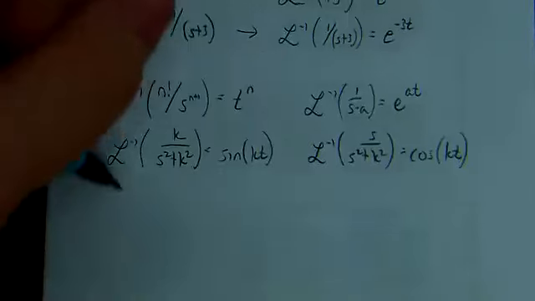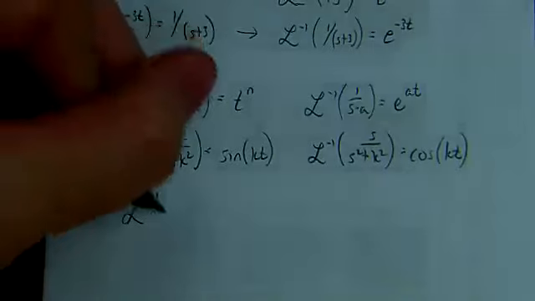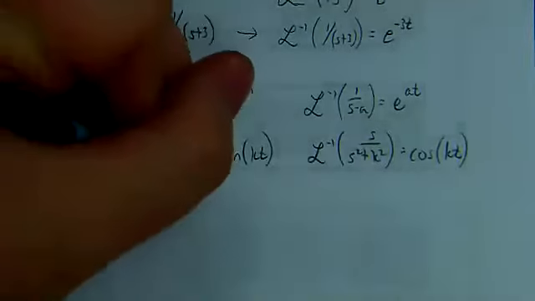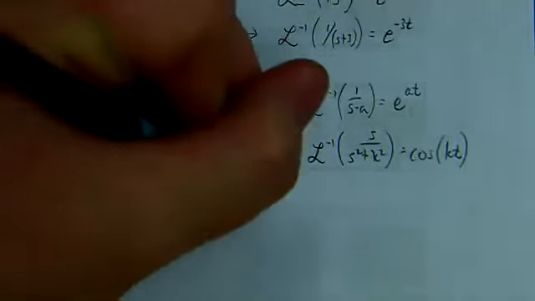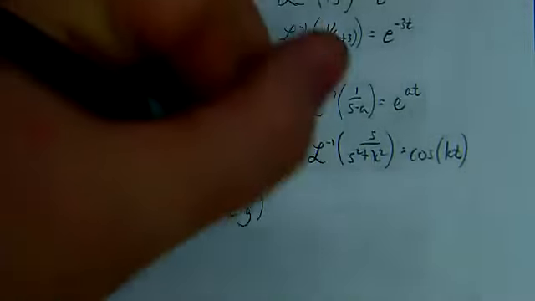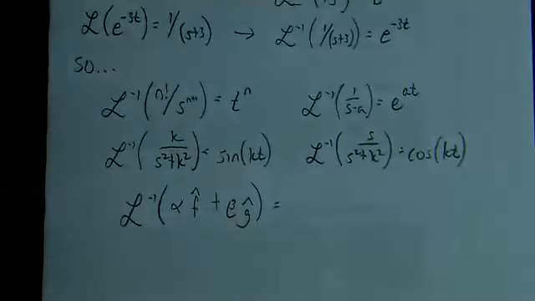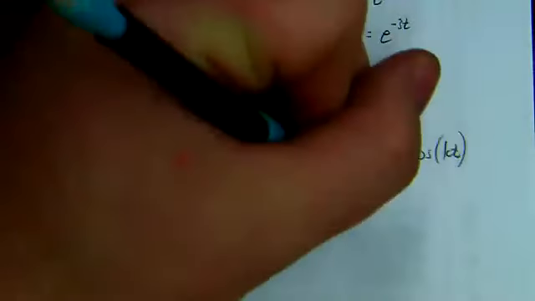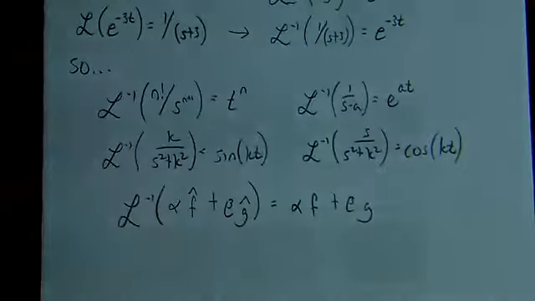And it's worth noting, if I want the inverse Laplace of some constant times the Laplace of f plus some other constant times the Laplace of g, that because of the linearity of integrals, this is alpha times f plus beta times g. That is, constants just tag along for the ride. I can break it across addition and subtraction. And so at the end of the day, I just come down to undoing the Laplace of f and the Laplace of g.